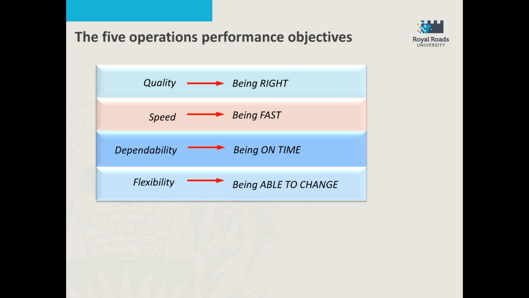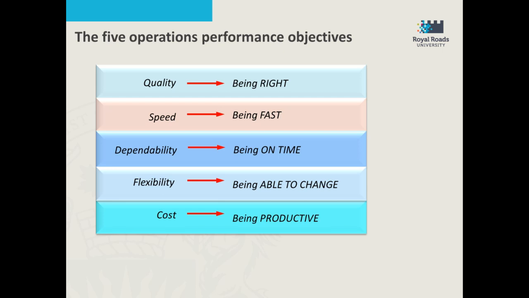Performance is about 5 performance objectives. It's about quality, being right, about speed, about dependability, about flexibility, about cost. These are the performance objectives. So performance again is quality, speed, dependability, flexibility, and cost. And each of these performance objectives will have different meanings in different organizations. So, for example, what's quality in a pizza operation?